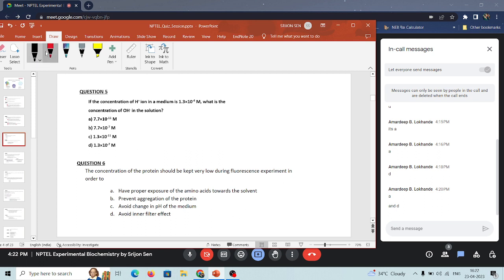Okay, question number 5. If the concentration of H plus ion in a medium is 1.3 into 10 to the power minus 4 molar, what will be the concentration of OH minus in the solution?